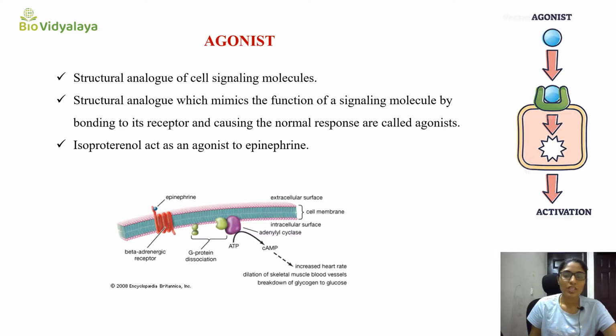First we can discuss agonist. Agonists are structural analogs of the cell signaling molecule that are structurally similar to the normal ligand molecule.